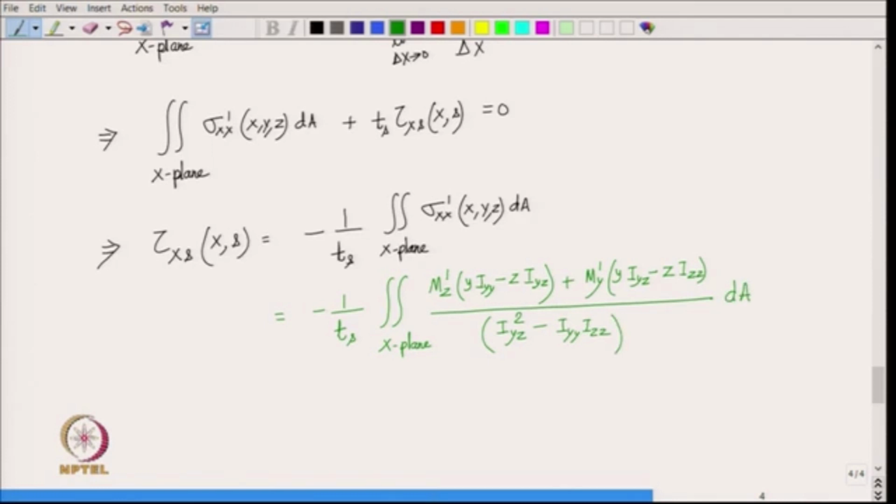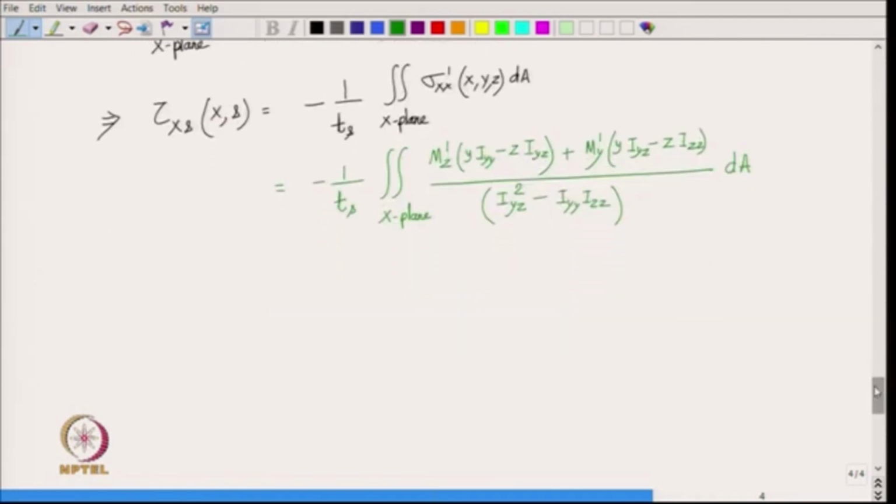Okay. So, now we have to find out what is m z prime and m y prime.